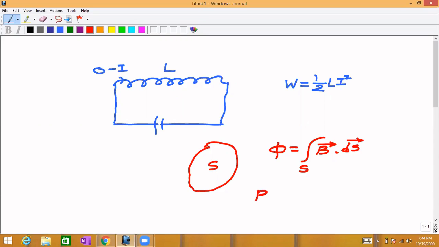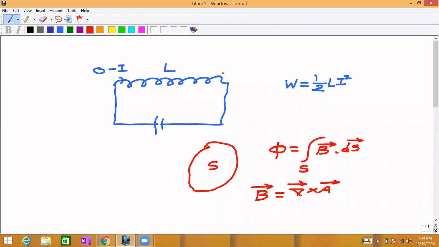The relation is B vector is equal to curl of A vector. This A vector is called the vector potential. Now this expression of B vector can be put in the expression of flux.